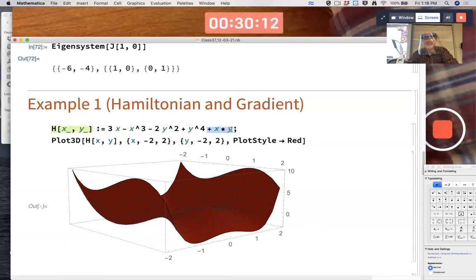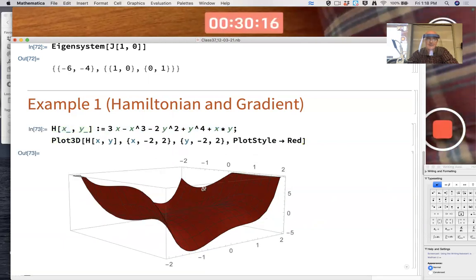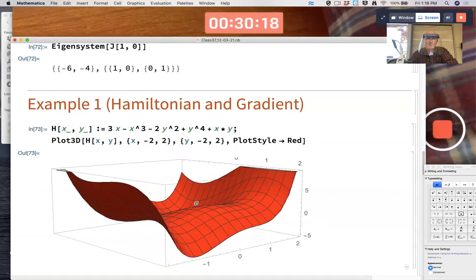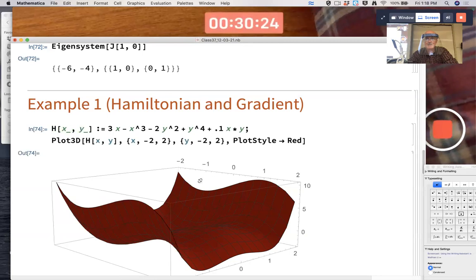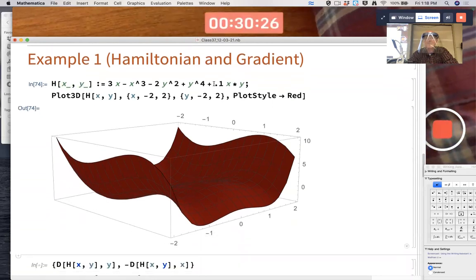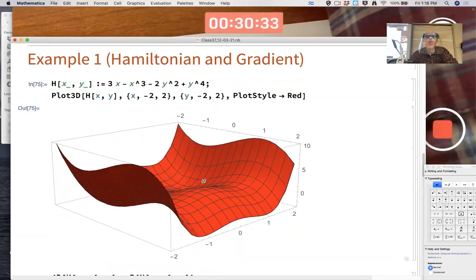Since I'm adding this thing, I'm not sure how much it's going to affect the graph. It didn't change it too much. And if I put a small number in front of it, it would change it even less. Maybe I should do that. Got a small number in front of x times y. It's not much different from the original graph. Here's the original graph.